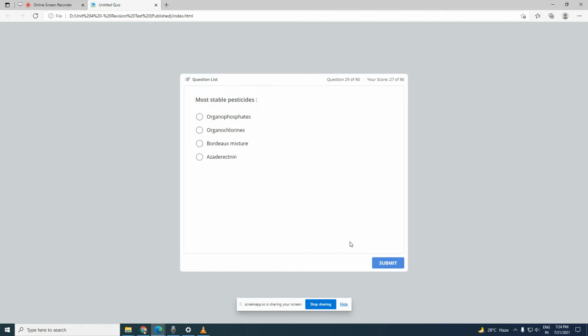29th question. Most stable pesticides. Which one? Organophosphates, organochlorines, Bordeaux mixture, azadirachtin. Which one is the right answer?